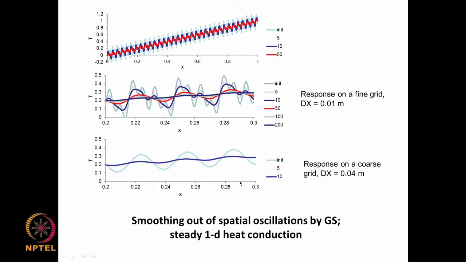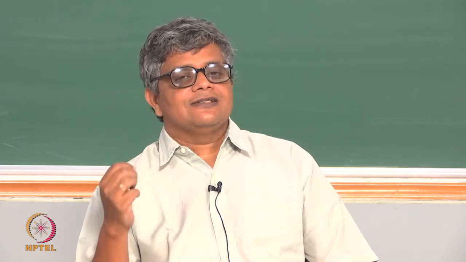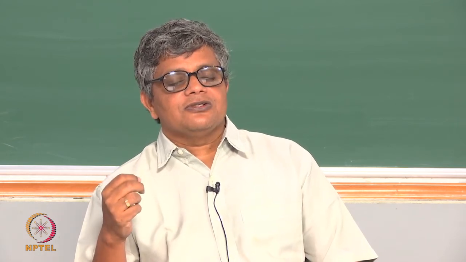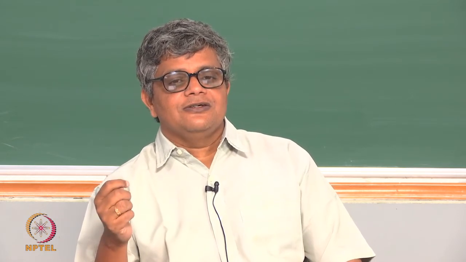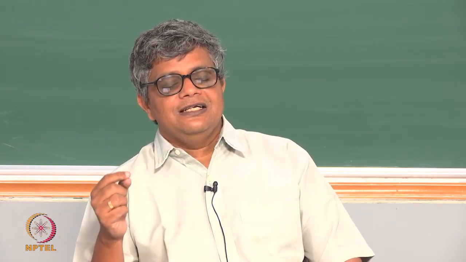And so that is the advantage, that is the efficacy of the Gauss-Seidel method in reducing short wavelength errors, and that is also the inefficiency, the weakness of the Gauss-Seidel method in dealing with long wavelength errors. So, one possibility is to have a horses for courses policy.